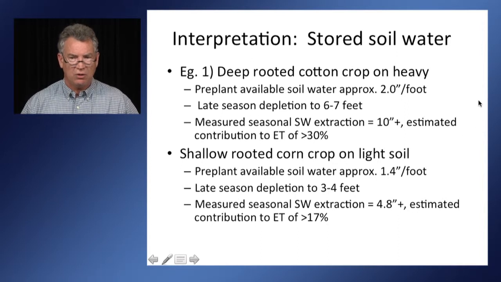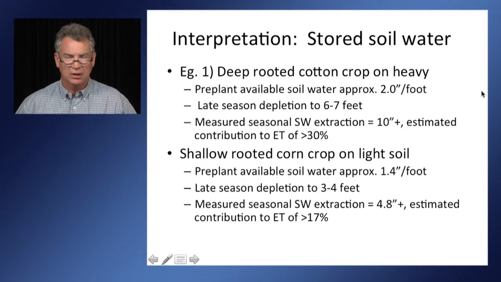So let's talk now about a couple of examples, one in which we have a high amount of available water to the crop and stored soil water, and one that has a lower amount. If we look, for instance, at a deep-rooted cotton crop on a heavier soil, let's say a clay loam soil, we know that storage is about 2 inches per foot.